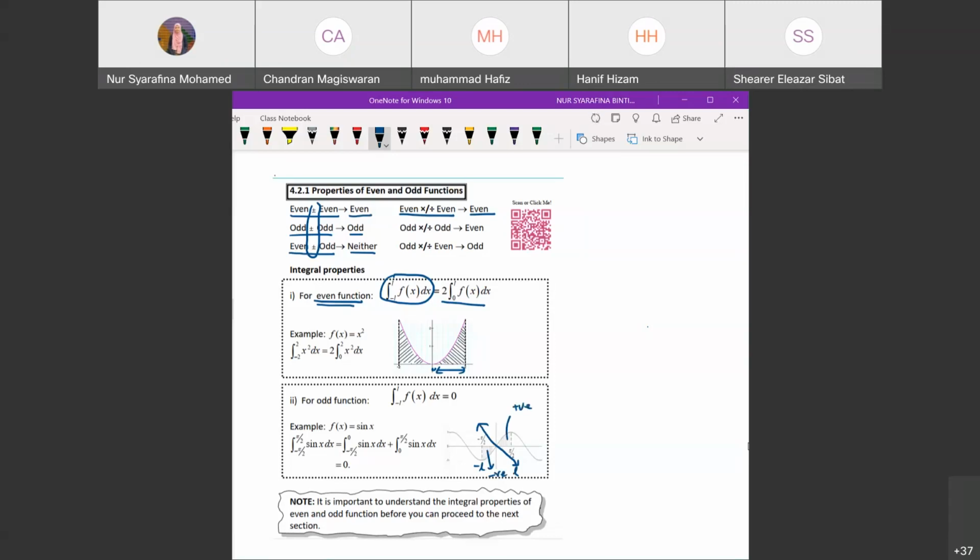Because it is symmetric about the origin and this is an odd function, when you integrate from -L to L, you always get 0. So these are the properties. It is important to understand these integral properties of even and odd before you can proceed with the Fourier series later on. Okay, any questions?